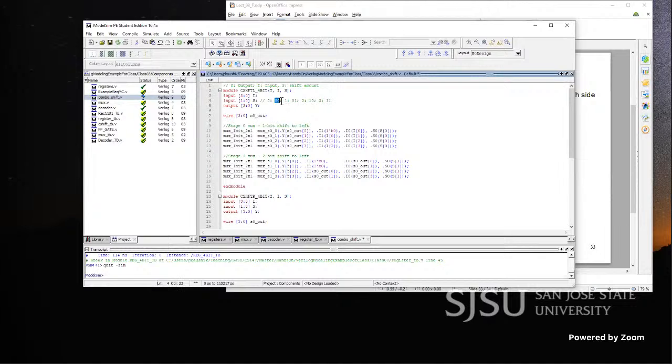So for no shift, what happens? Each stage will not shift anything. How is it accomplished? 0, 0 means S0 is 0 and S1 is 0. Under that selection, for each multiplexer, I am selecting the input itself. Whatever incoming input I0 just passes through that multiplexer. So the next stage is fed simply with the same bit pattern of I0, I1, I2, I3.